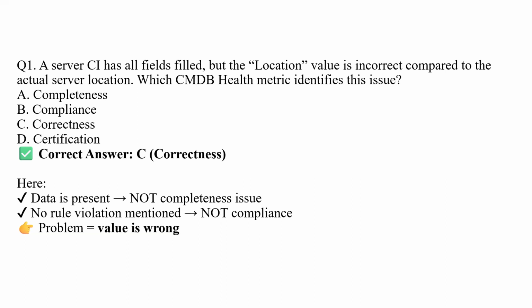So the marks have not followed the rules. It should be less than or equal to 100 marks. But in the case of 150 marks, it has not followed compliance. It's a compliance issue. So that is a basic example. The same examples apply in the CMDB health metrics. So please remember that sentence with the live example. Next, you can answer all the next questions.